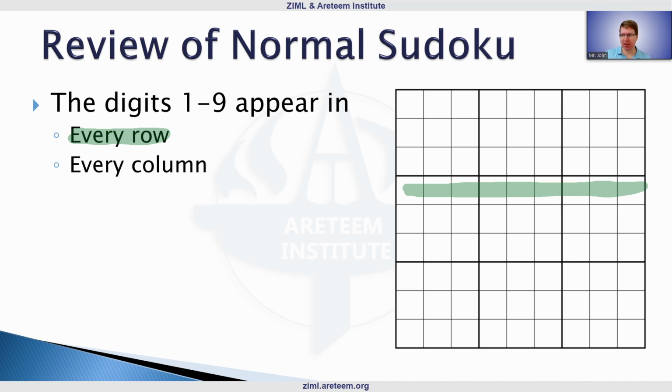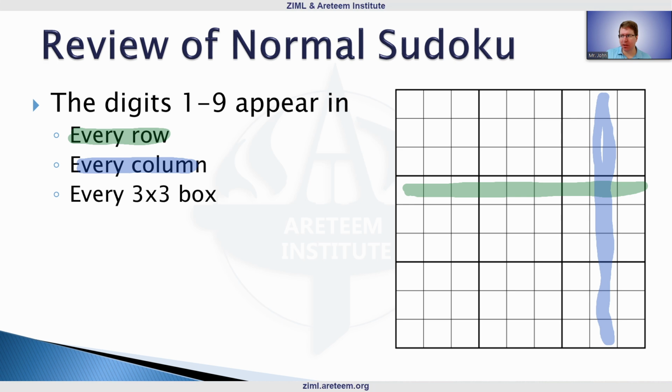They have to appear in every column. If we look at a column instead, columns are the vertical ones, so here, column 8, all the digits, again, 1 through 9, have to appear in that column once, right? Because there's 9 digits, 9 cells in that column, they have to each appear once there.